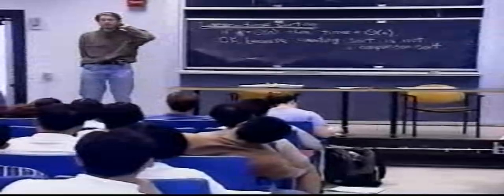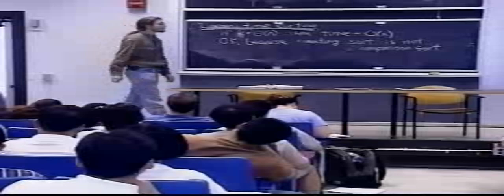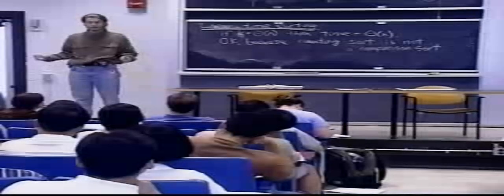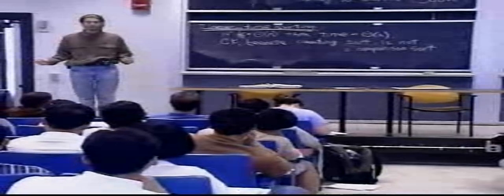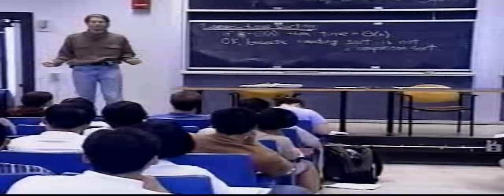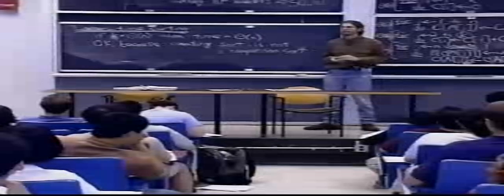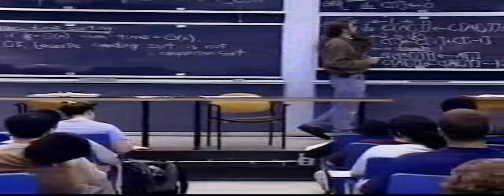But even if you know that all your numbers are between 1 and n, comparison sort cannot do any faster than n log n. You can check the lower bound. So you're right, we're assuming that all our numbers are between 1 and k, but in fact that doesn't help you with comparison sort, and you can prove that. We have to assume that, and that's key for counting sort. But it's not the whole story.